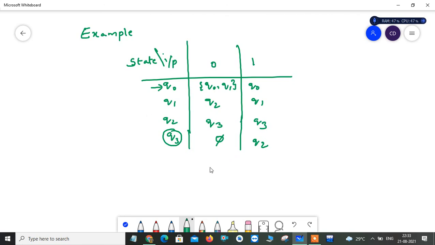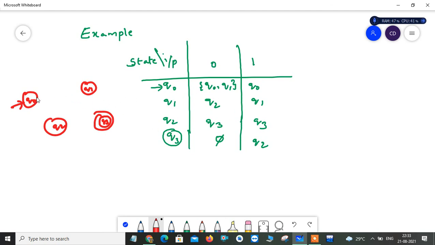Now I'll show you the equivalent state diagram. You have the states Q0, which is the initial state, and then Q1, Q2, Q3. Q3 is your final state. I'll try to draw a state diagram for this transition table.